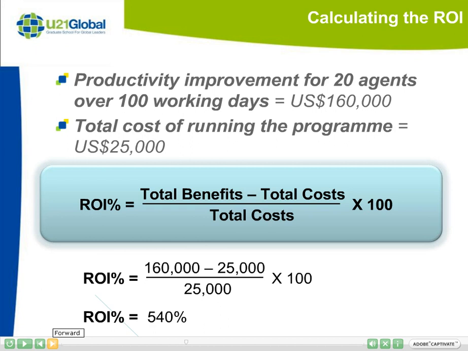Now, the total benefits, as we calculated earlier, was the equivalent of 160,000 US dollars. Take away the cost of running the program, which is $25,000, divide by the total cost again, and the ROI comes up to 540%. Now that is a significant ROI.